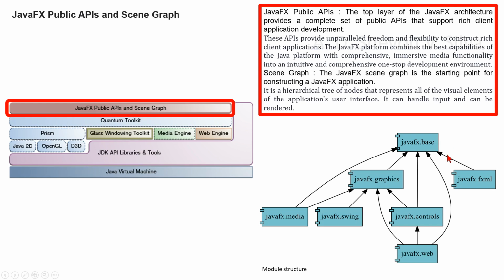JavaFX.base. The base module contains classes related to reactive programming, event handling, and miscellaneous auxiliary classes, for example, the type for time durations. These classes are essential for event-based and asynchronous programming in general.